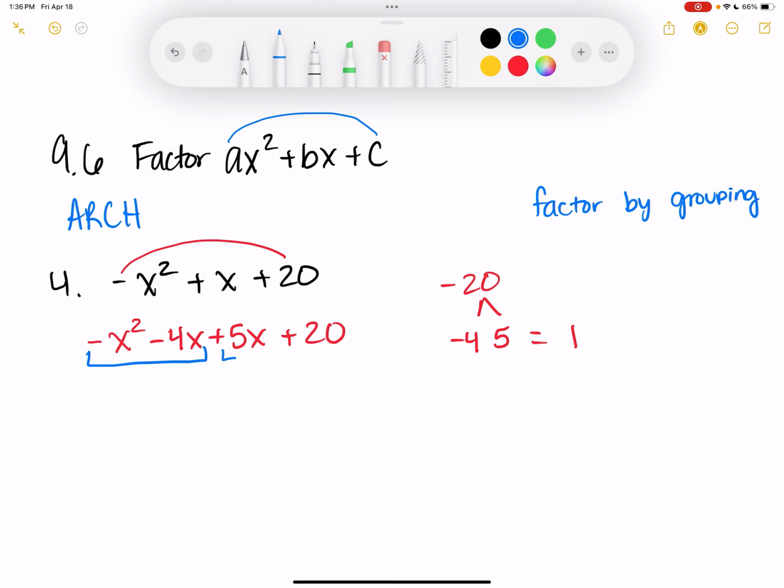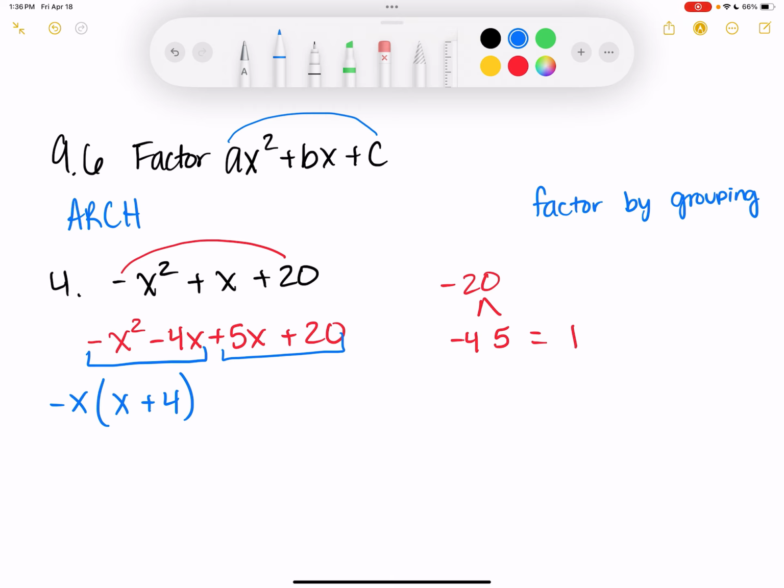I'll do it for this group, and then for this group. What do these first two things have in common? What's the biggest thing they have in common? A negative, and what else? X. They both have an x. So I take out a -x, and then I draw parentheses, and that leaves me with an x and a +4. So x plus 4.